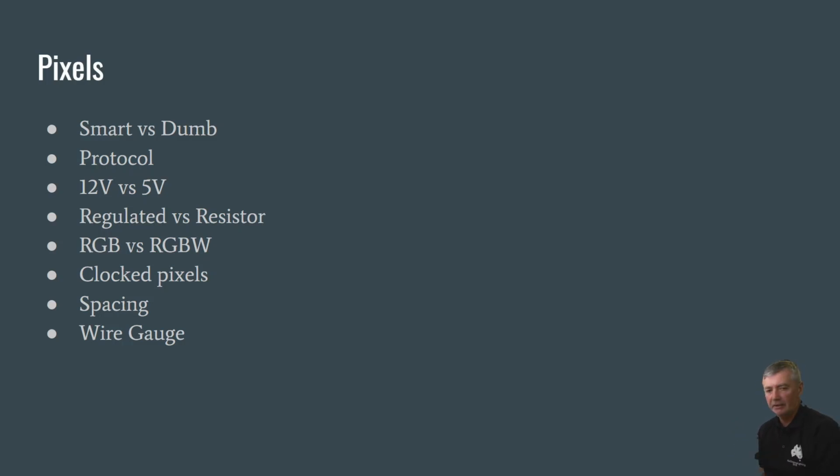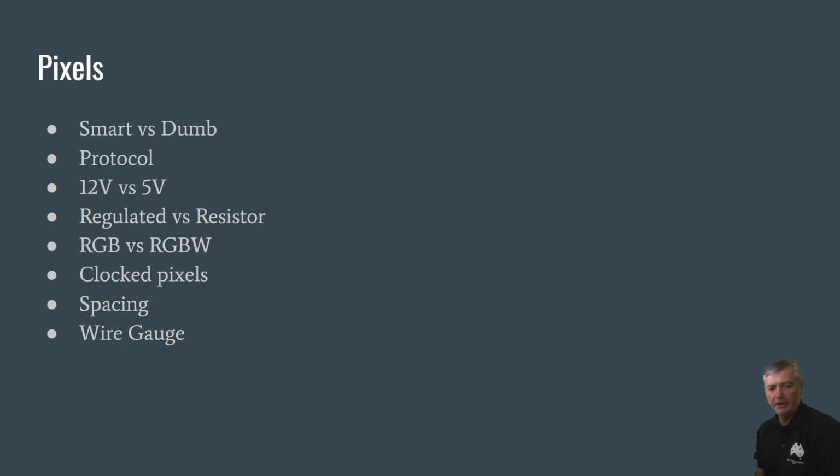Now, it does vary by supplier, it even varies by batch. So yeah, don't get yourself caught short. This is a really common way in which super cheap pixels save money, by providing spacing which is not as much as you might expect. Wire gauge is another thing to be wary of, particularly when it comes to cheap pixels. Another way in which they save money and are able to offer you those pixels cheaper is to skimp on the wire gauge.